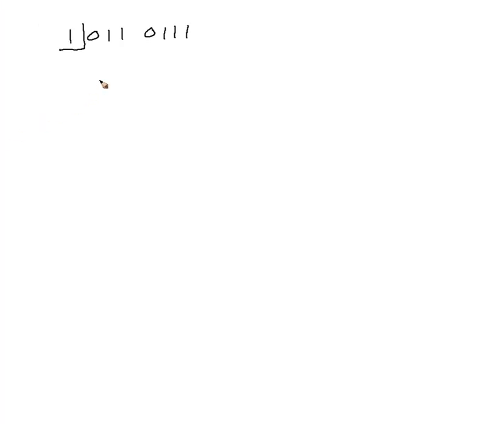Here is a signed number. I know it's a negative because this sign bit is 1. That means I've got to get the 2's complement of this number. So I'll do that. I'll flip the bits, and I'll add 1. Now what is this number?